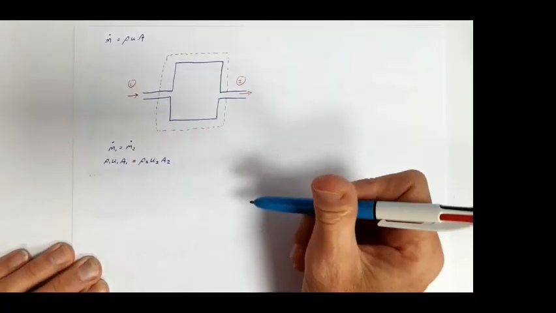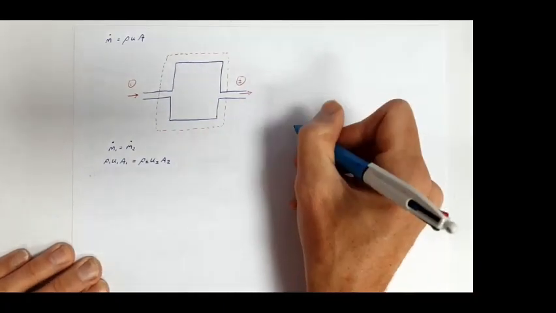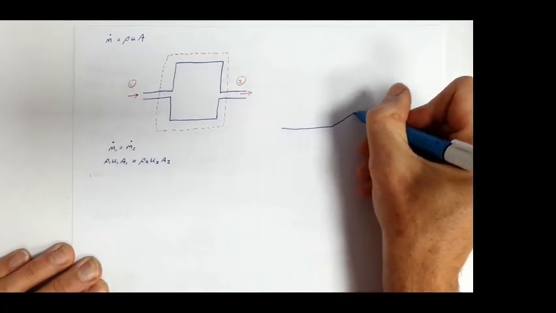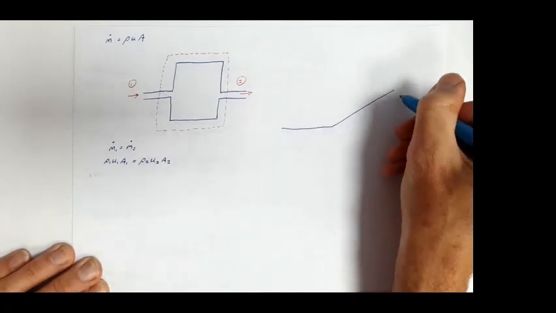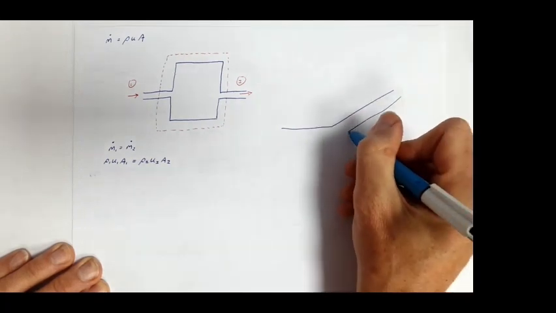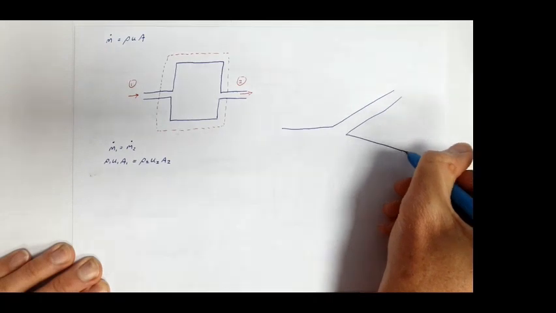We can also consider a system which would have one inlet, 2 outlets potentially, and we'd have much the same scenario. So let me draw this.